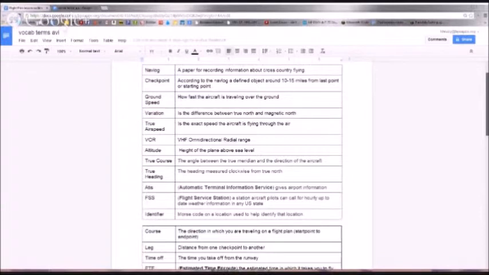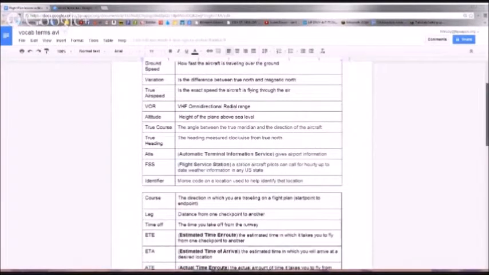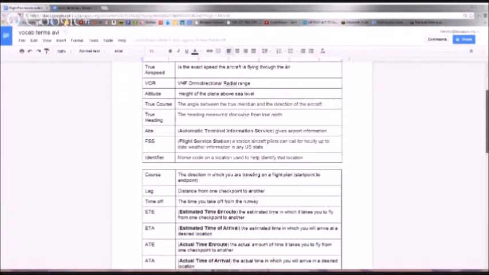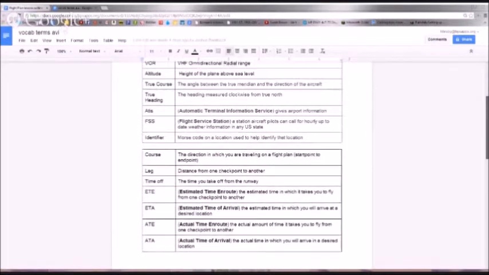True speed is the exact speed the aircraft is flying through the air. VOR is VHF omnidirectional radial range. Altitude is the height the plane is above sea level. True course is the angle between the true meridian and the direction of the aircraft. True heading is the heading measured clockwise from true north.